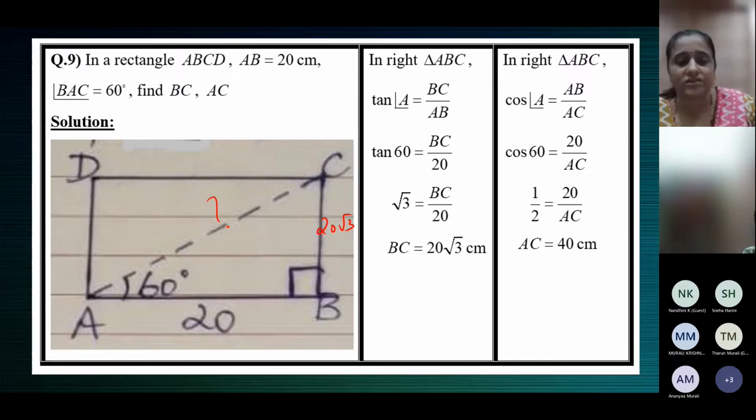Now you have to find AC. For this, I've used cos of angle A. Cos A is equal to adjacent by hypotenuse. AB is the adjacent side for 60 degrees.